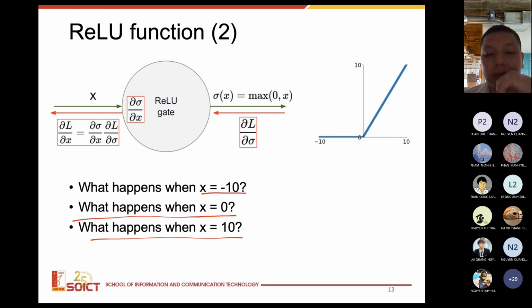When x equals 0, practically the gradient equal to 0 is practical, but mathematically there is no derivative at that point, right? Because it's non-continuous in terms of derivation.